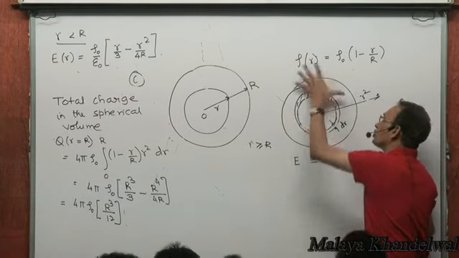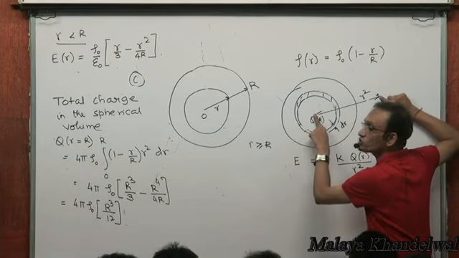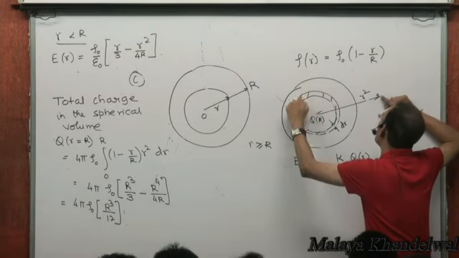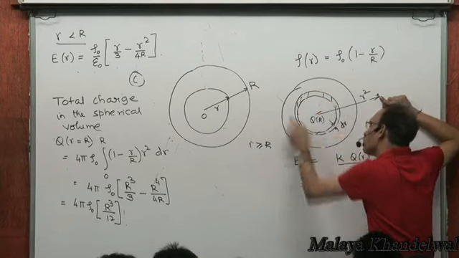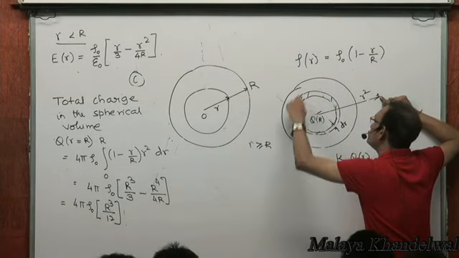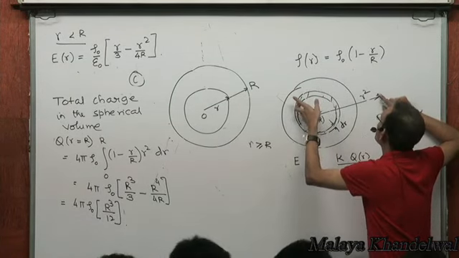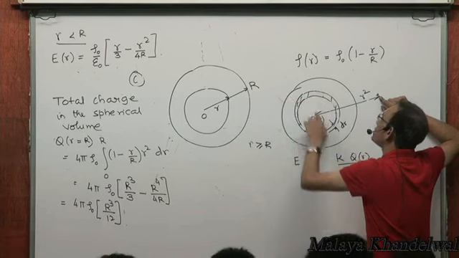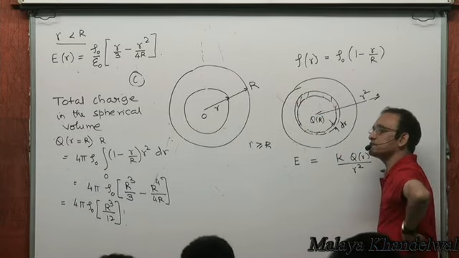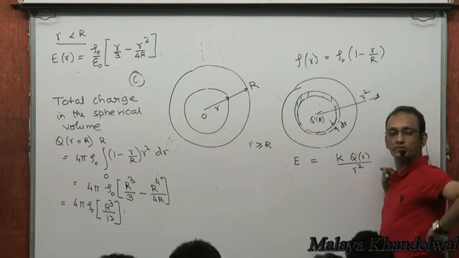This entire region is non-uniform, but this shell is uniform, and this point is outside this chosen shell. So for the sake of computing the electric field at this point, because of the shell, I can imagine this charge to be at the center. And I can do this for every shell that constitutes this region. That means for the sake of this point, the entire charge could be imagined to be concentrated at the center. Yes or no? What do you say?